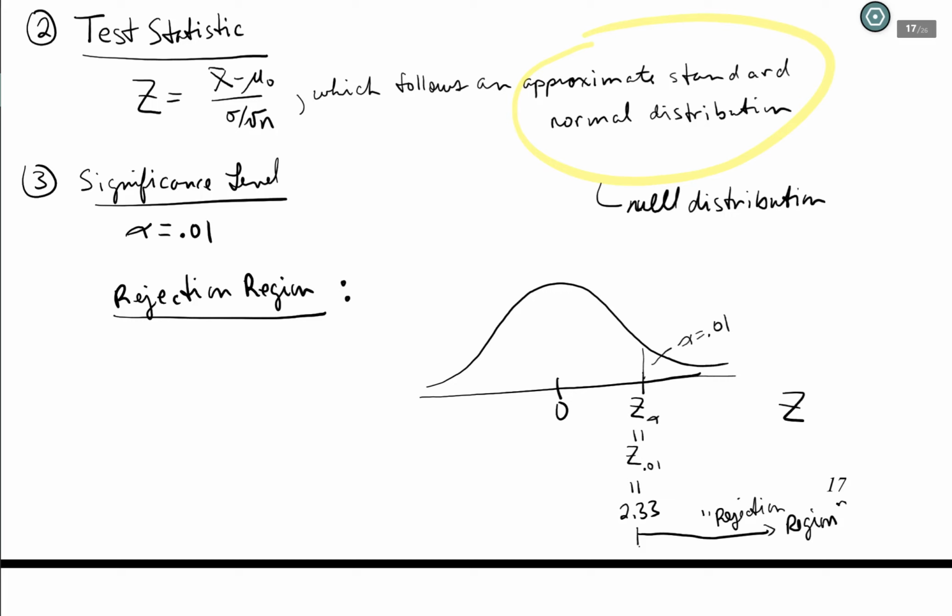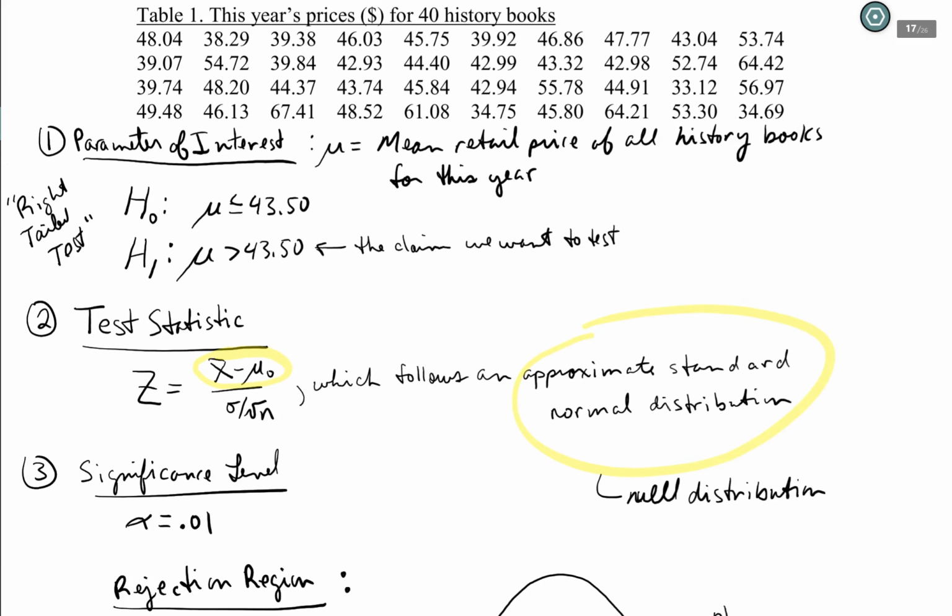Now this is quite intuitive. If you look at this test statistic form, it's x bar minus mu naught. Let's just focus on x bar minus mu naught for a little bit. If x bar is bigger than mu naught, then in some sense that's evidence for the alternative and against the null hypothesis.